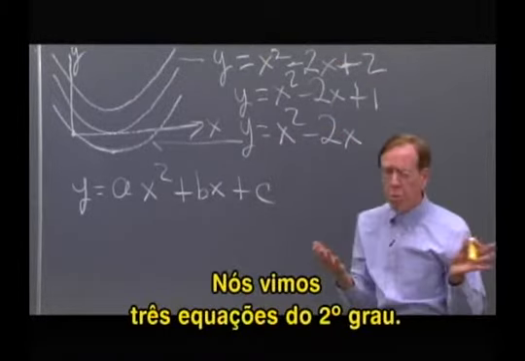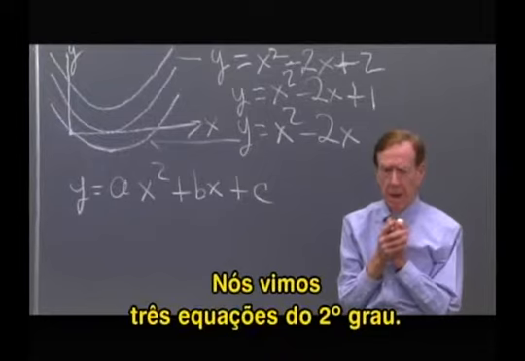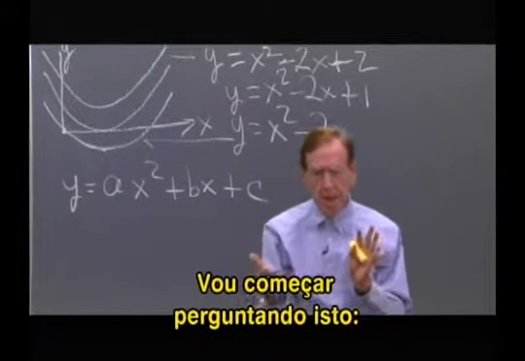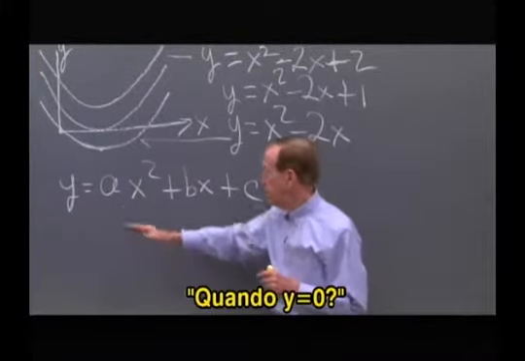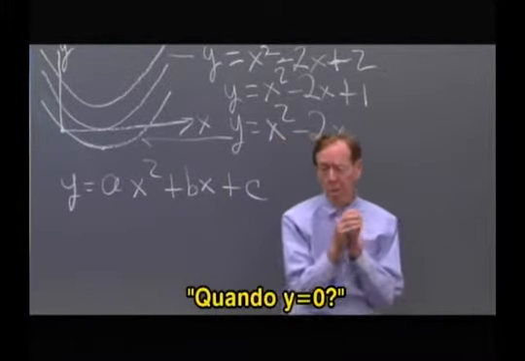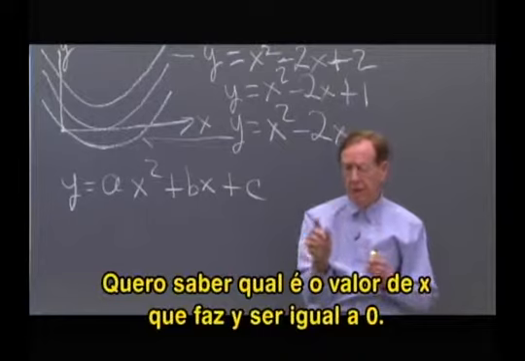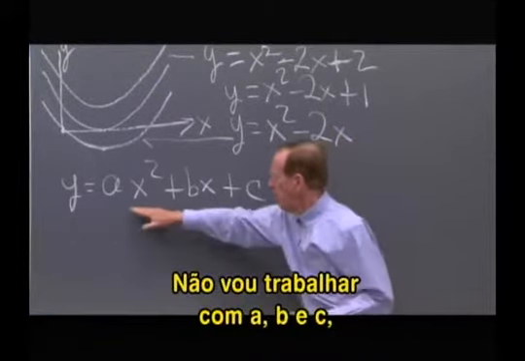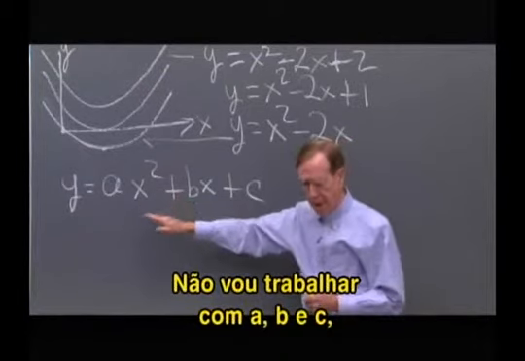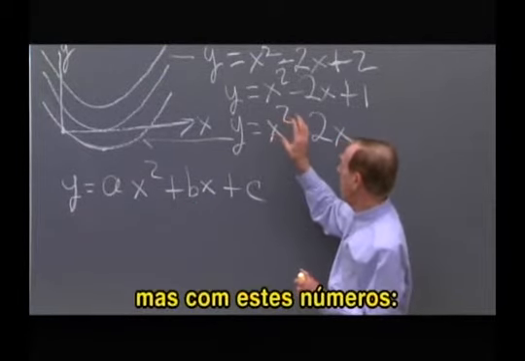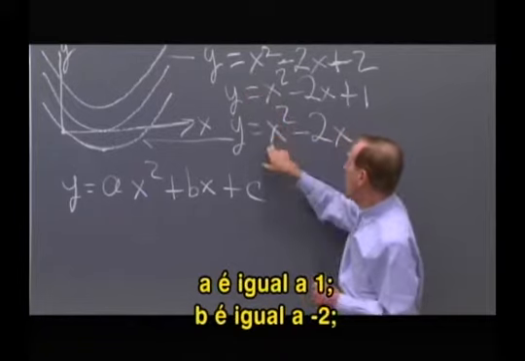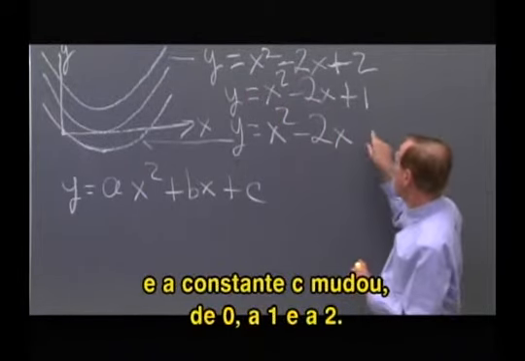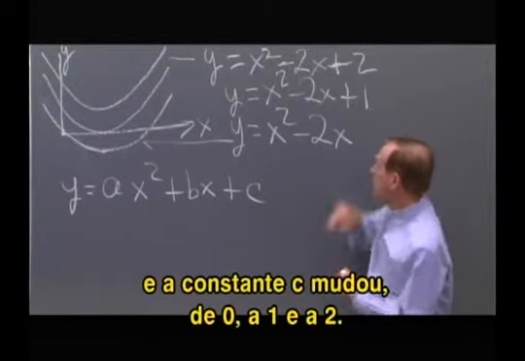Okay, so those are 3 particular quadratics. And what do I ask you about them? Let me start by asking, when is y 0? I'm looking for the x's that produce a 0 here. And I won't work right away with this general a and b and c. I'll work with these numbers, where a was 1, b was minus 2, and c changed from 0 up to 1 and up to 2.